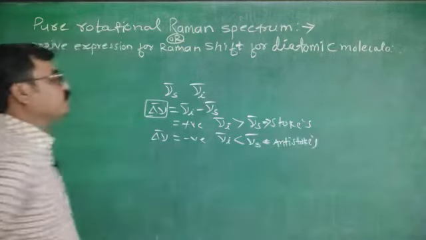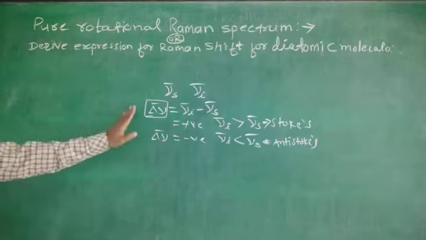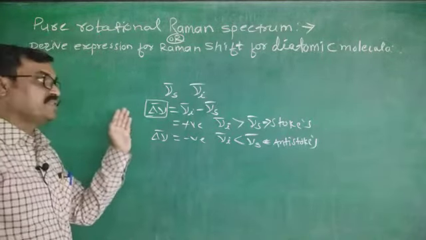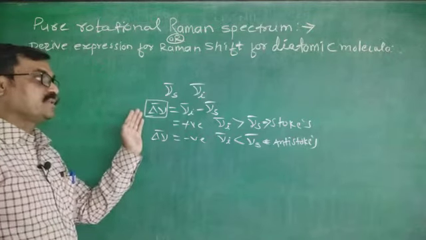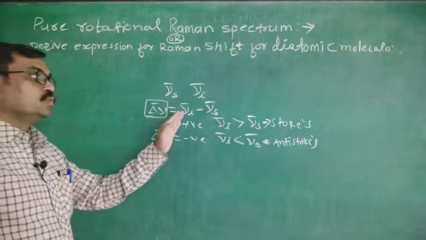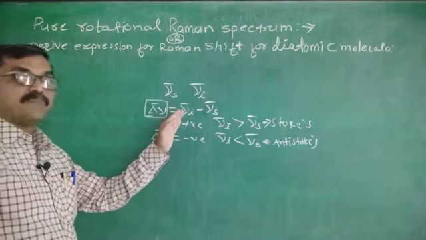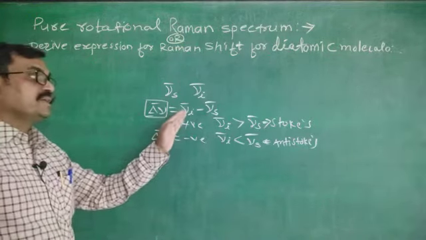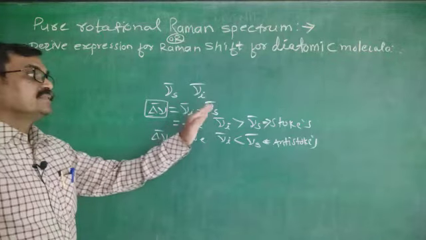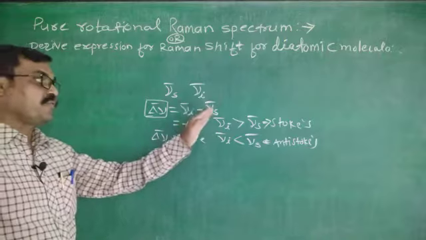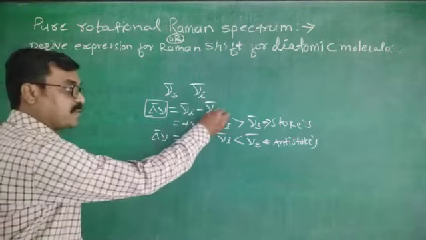Okay, up to this you know this is the Raman shift. Initially you must know what the Raman shift is. nu I bar is the frequency in terms of wave number for the incident rays, and nu s bar is the frequency in terms of wave number for the scattered rays, S standing for scattered.